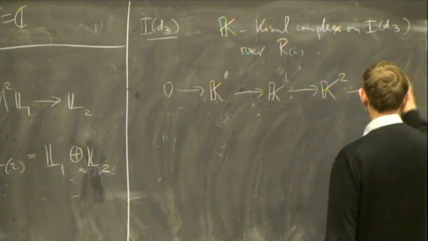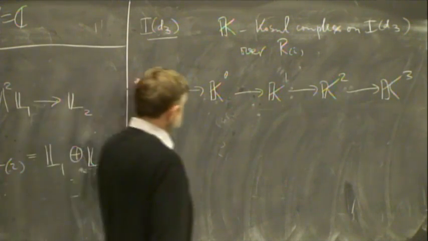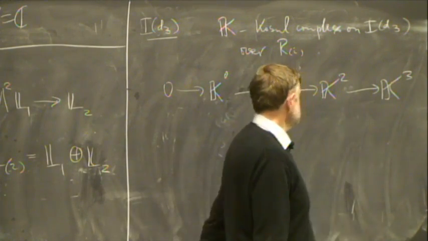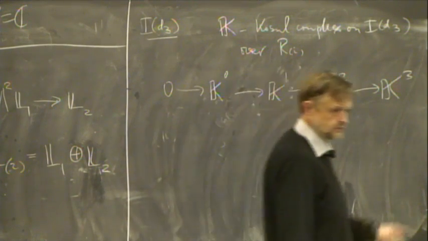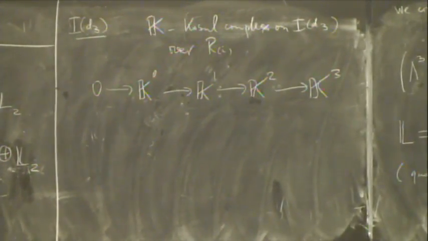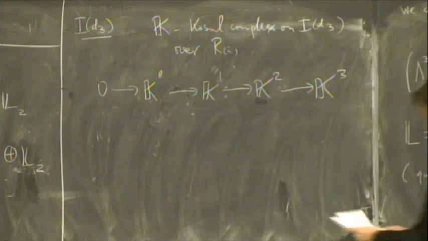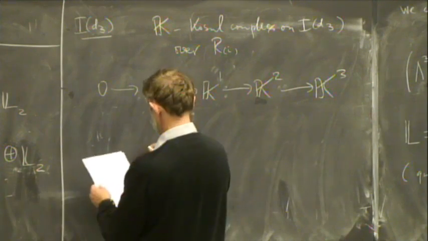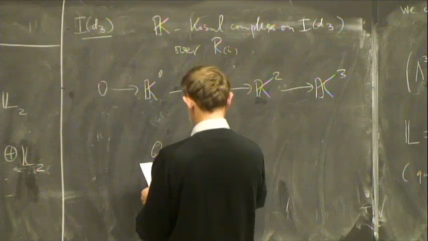And one knows in commutative algebra that an ideal has depth 3 precisely when this part of the Koszul complex is acyclic. So really, I could start killing the homology in this Koszul complex. It will be more canonical. And this diagram fits with the diagram of those Ln's.